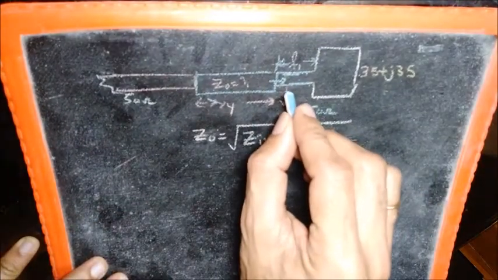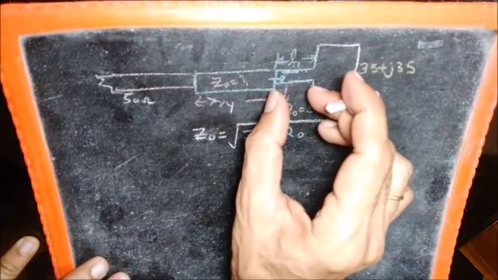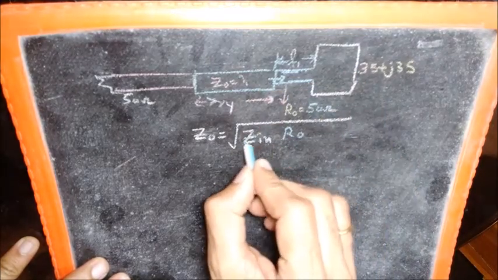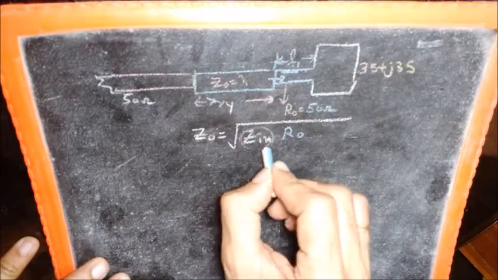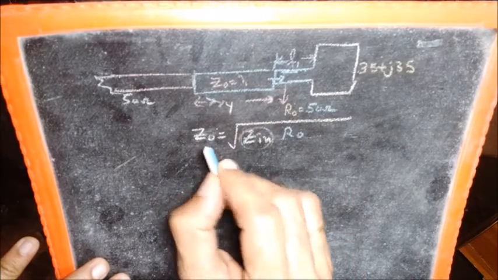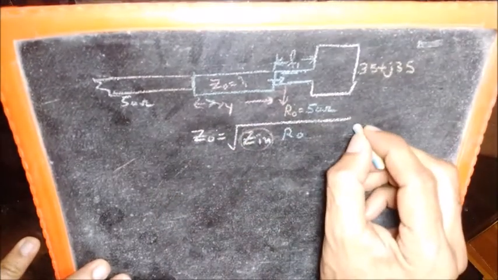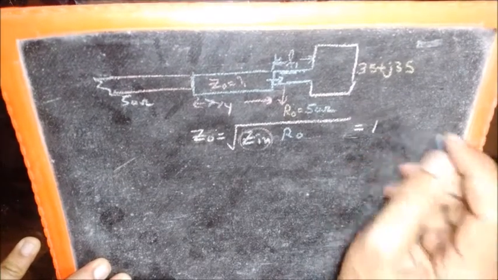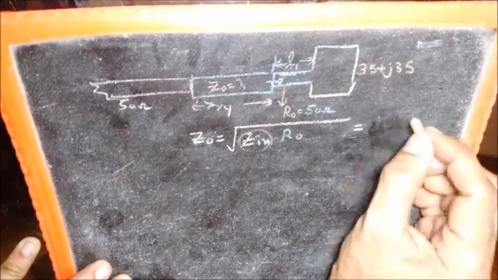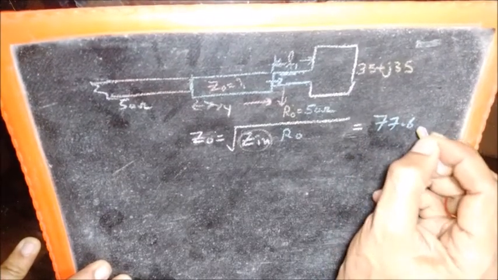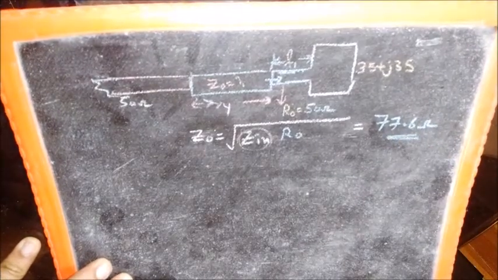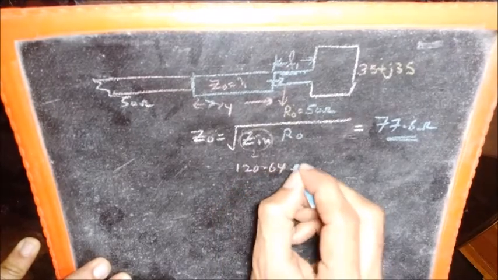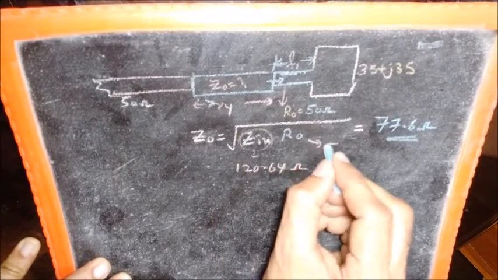What we tried to do there was to choose this length L1 such that Zin becomes purely resistive, so that Z0 will also be purely resistive. To recall, the answer which we got was Z0 of 77.6 ohms, Zin was 120.64 ohms, and R0 of course was 50 ohms.